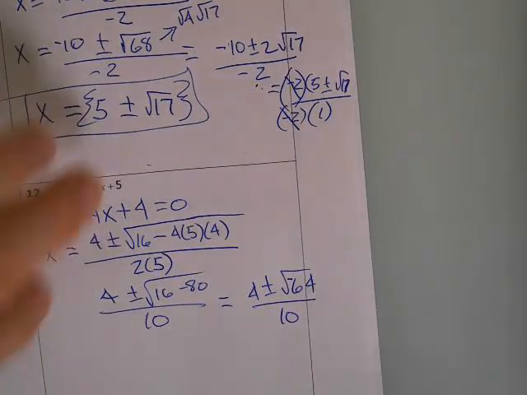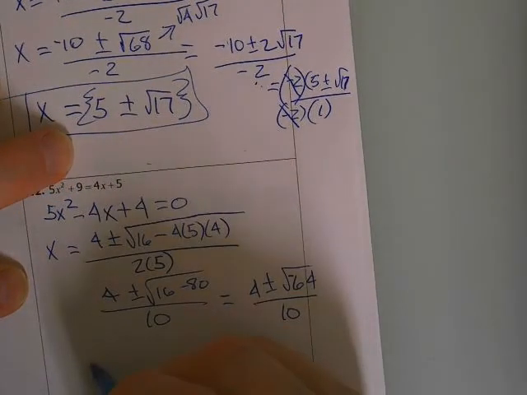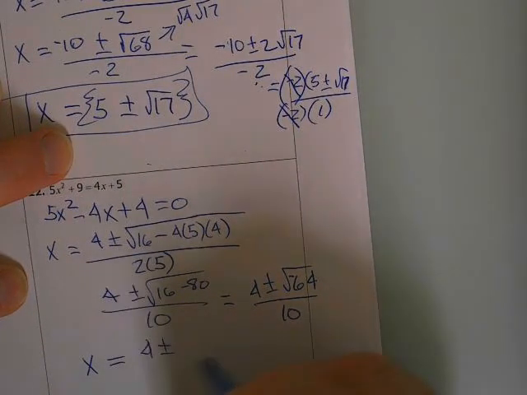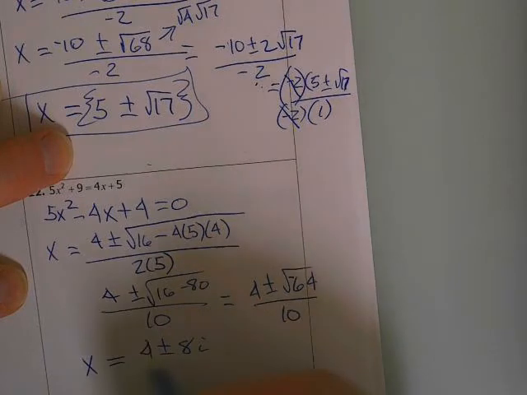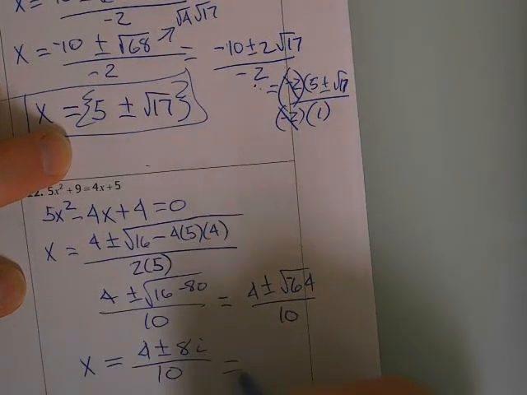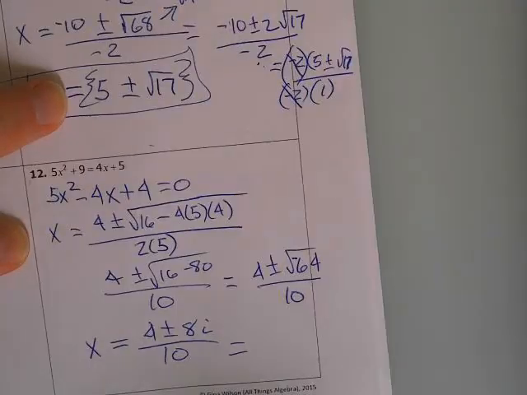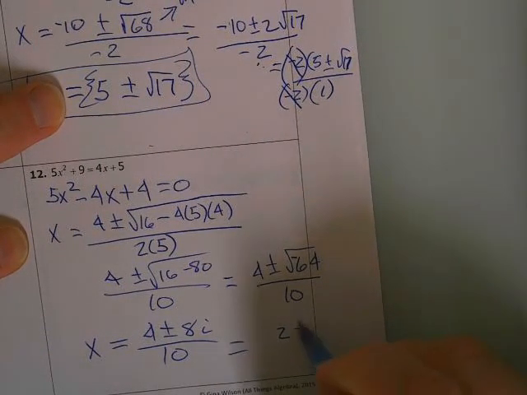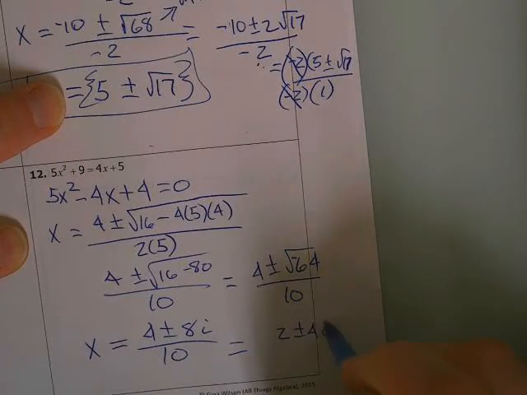What is the square root of negative 64? Just 8i, right. So 4 plus or minus 8i all over 10. 2 will go into all those values. So we can simplify it into 2 plus or minus 4i over 5.